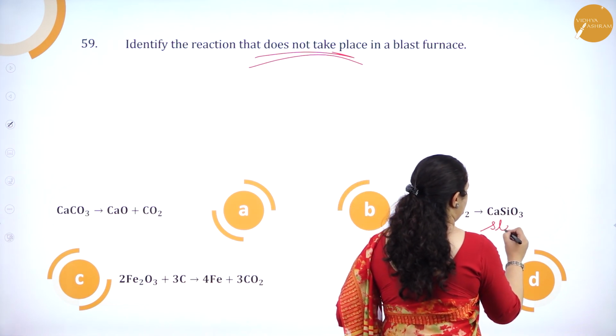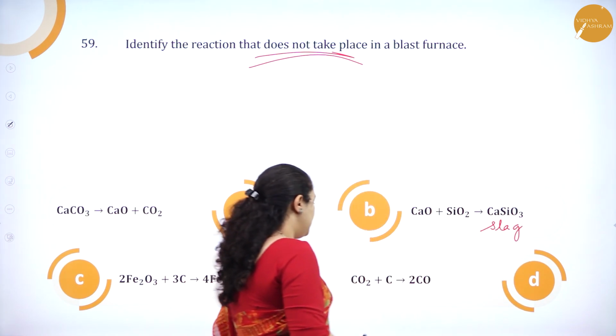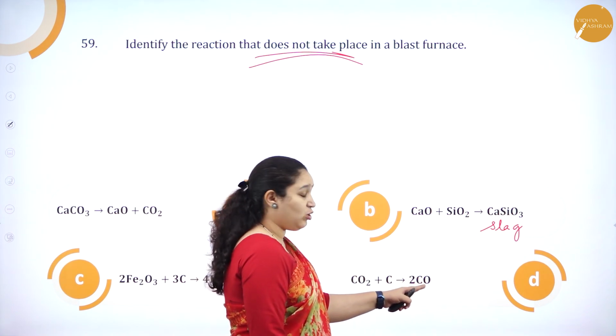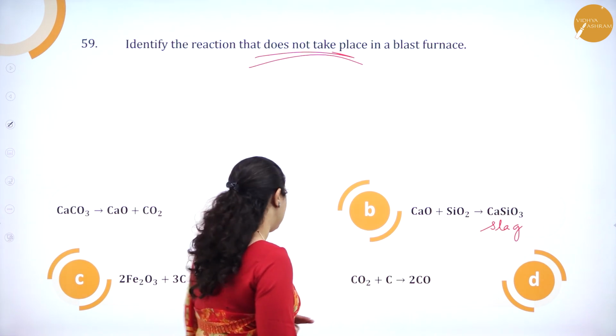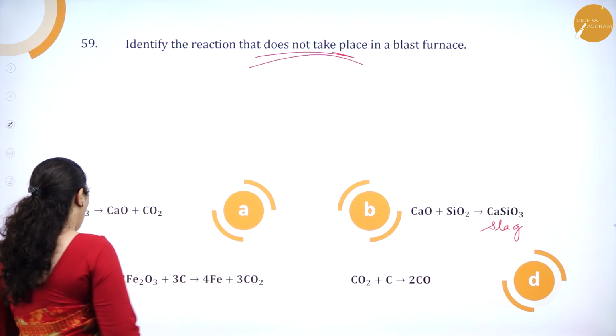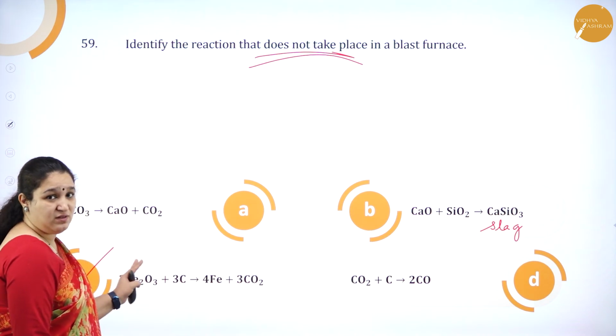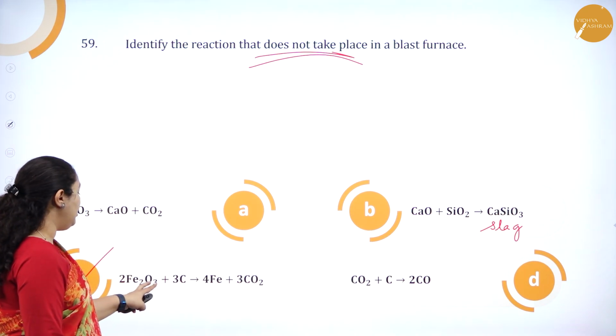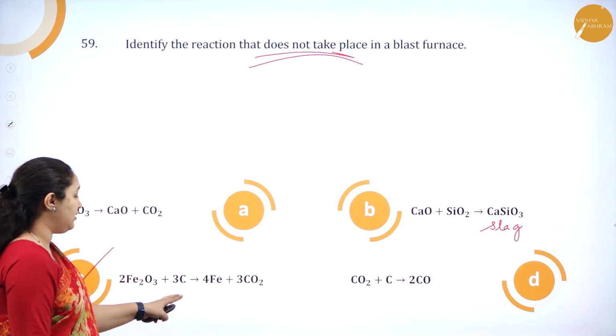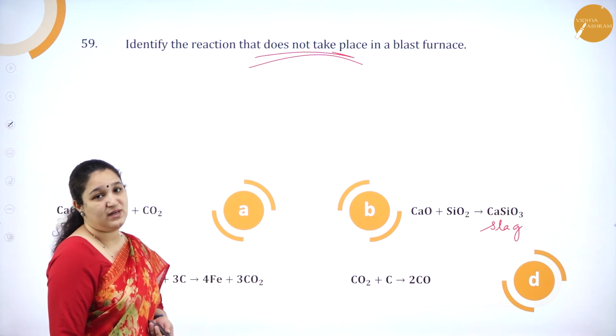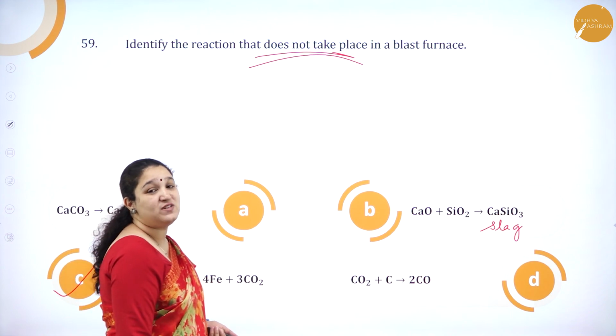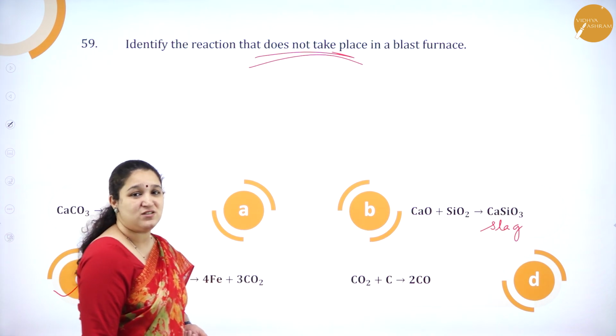Even this takes place. Option D, carbon dioxide with more coke forms carbon monoxide. This also happens. Option C is the reaction which does not take place. Fe2O3 with coke directly does not react to give iron and carbon dioxide gas. So this is the reaction which does not take place in the blast furnace.